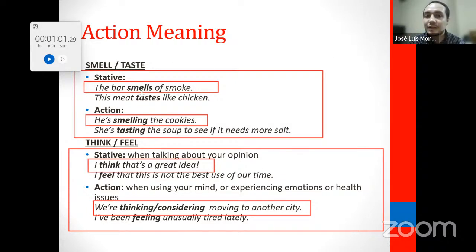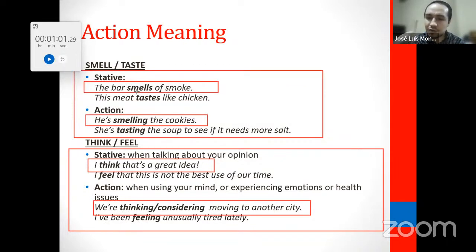First you use smell as a stative verb, something that describes the smell of something, right? You can say, this place smells bad. And smelling as an action verb, you can say, I am smelling this place.